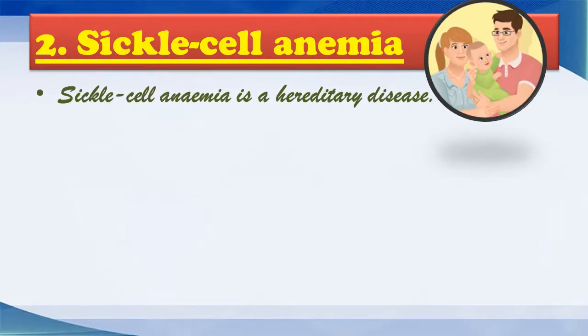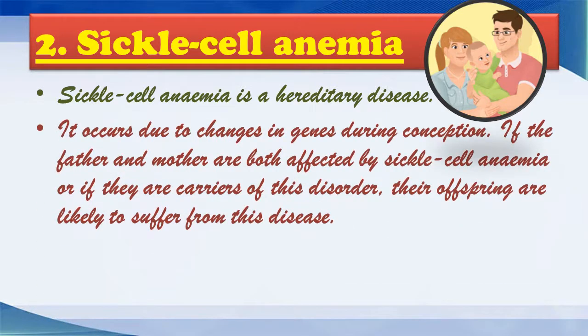Sickle cell anemia is a hereditary disease. That means it passes from one generation to another, from parents to their offspring. It occurs due to changes in genes during conception. That means when the mother conceives a baby, the mutation occurs.